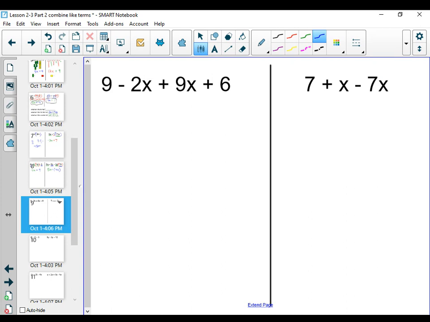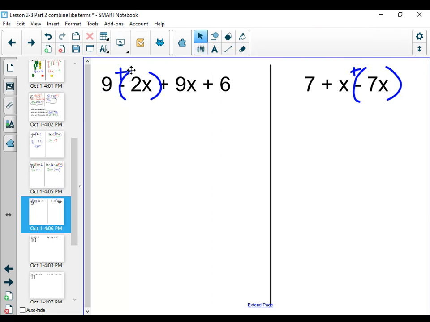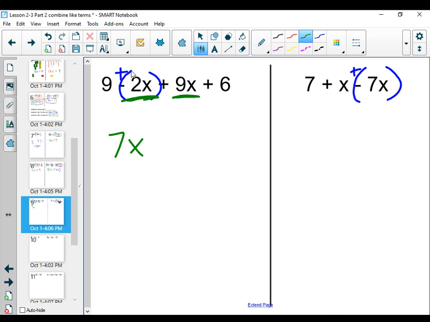Last 2. Terms. 9 good guys, 2 bad guys, 7 good guys left. 9 constants and 6 constants make 15 constants.